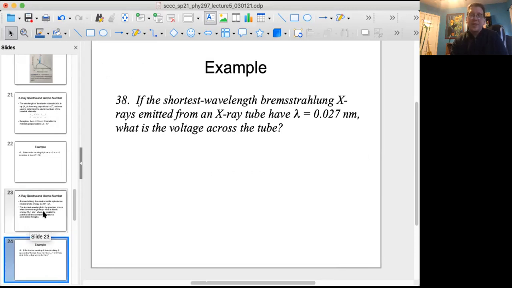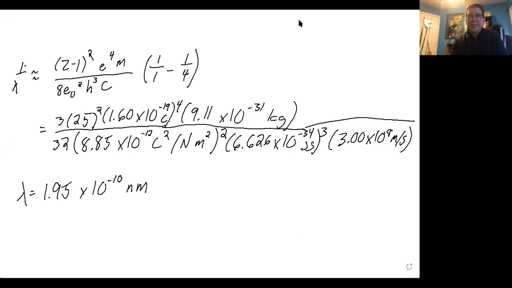That's the equivalent of hc over lambda naught equal to e delta V. So let's set this up. We have hc over lambda naught is equal to e delta V, the potential difference, and we are asked to find the voltage across the tube.